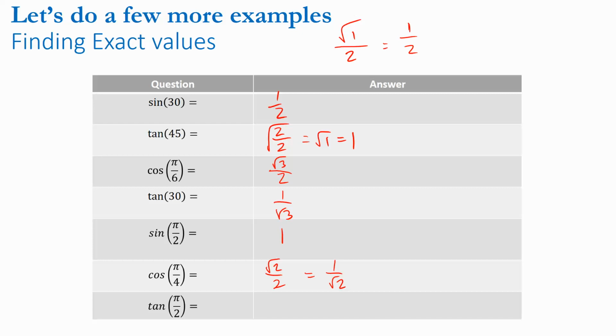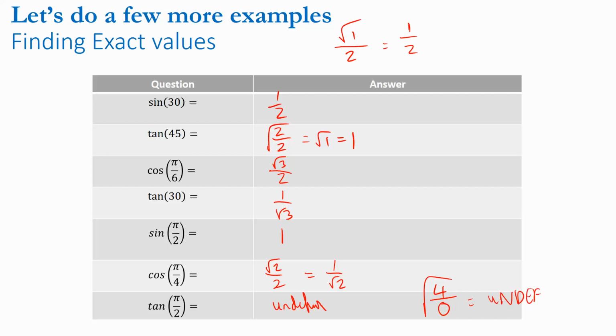Next one, tan of pi on 2, Liam. Say it again. Undefined is correct, because the number of sine fingers we have is 4, the number of cos fingers is 0, but then we know that 4 divided by 0 is undefined.